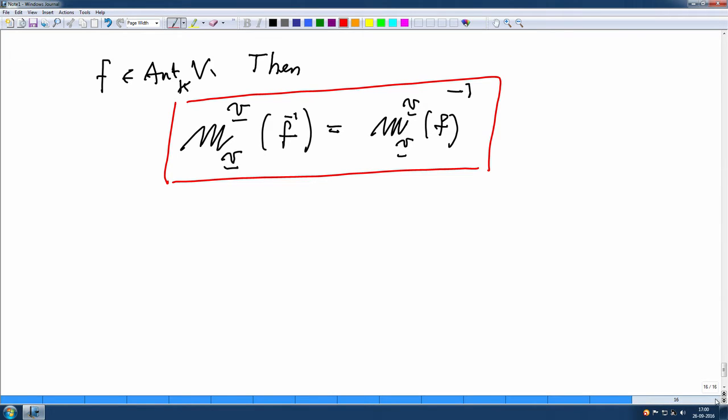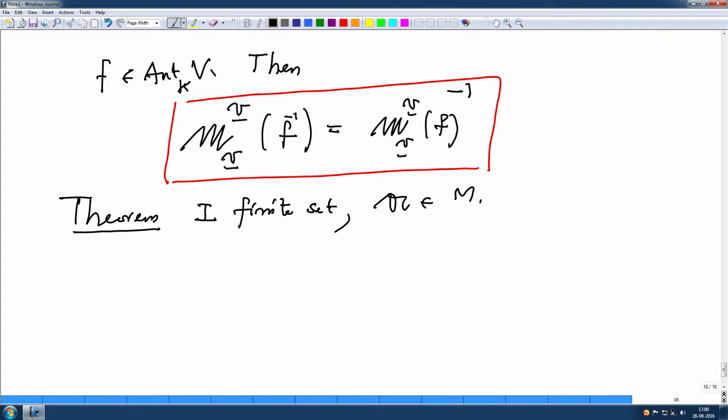That is where I state this theorem, that is where the linear algebra is useful. Let I be a finite set and A a matrix in M_I(k). Then the following are equivalent.